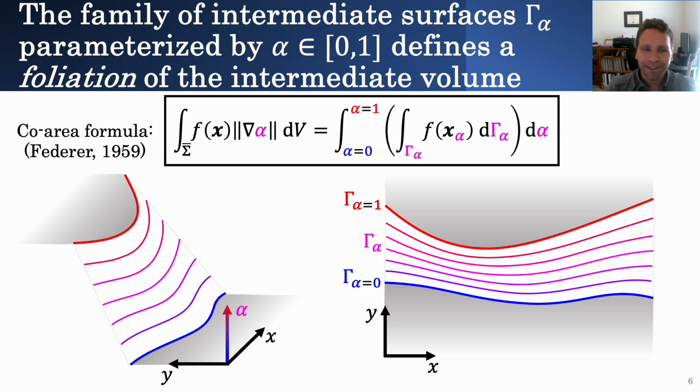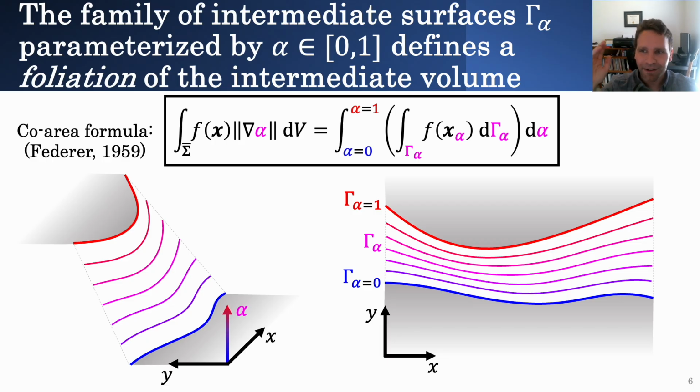And the nice thing about doing this is that, according to the co-area formula, you can convert a volume integral posed over sigma bar, this intermediate volume, into an equivalent foliated integral, or an integral that is parameterized by alpha over the entire foliation of sigma bar.